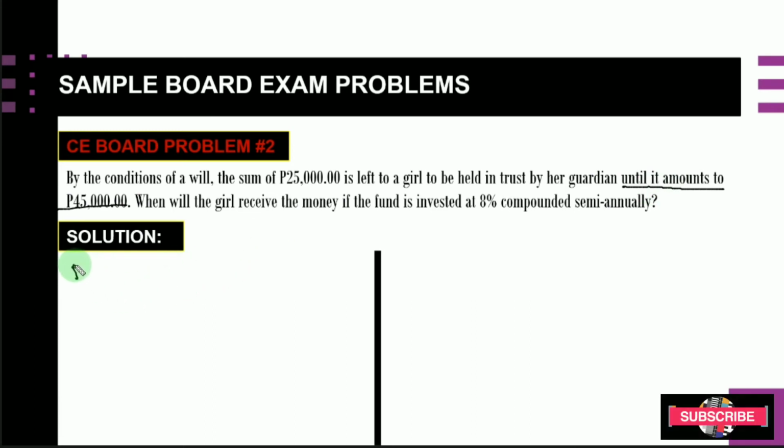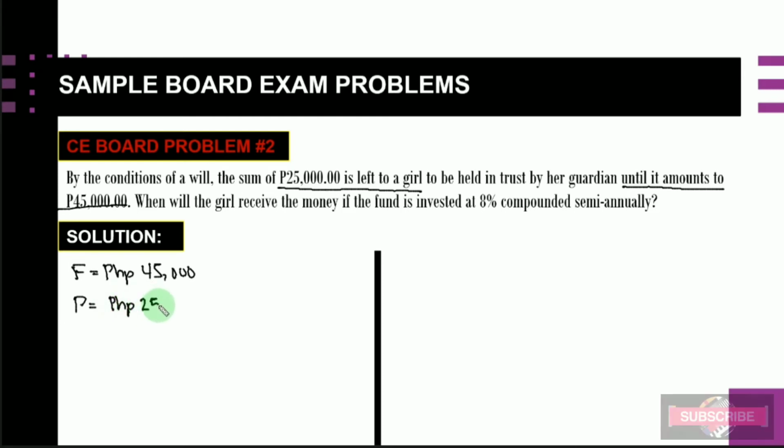So ang atong future amount day ani is equal now to 45,000 pesos. Okay? So kanina yung atong 25,000 is left to a girl, meaning gibilin niya from the very beginning. So nag-refer na siya at time 0. Mao na siya ang atong principal or present amount nga 25,000 pesos. Okay?